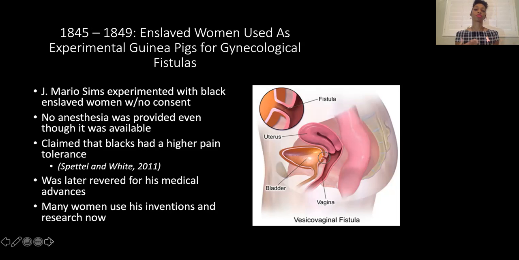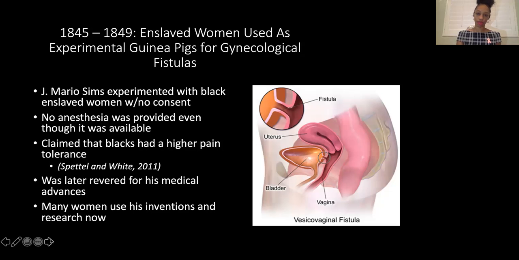No anesthesia was provided to these women, even though anesthesia was available, because this individual claimed that Blacks had a higher pain tolerance, with absolutely no evidence, because it's not true, so he couldn't find any. He claimed that they had a higher pain tolerance, and they didn't need anesthesia, and also that the anesthesia was just too much trouble to go through, and it wasn't worth it for the procedures that he was performing.